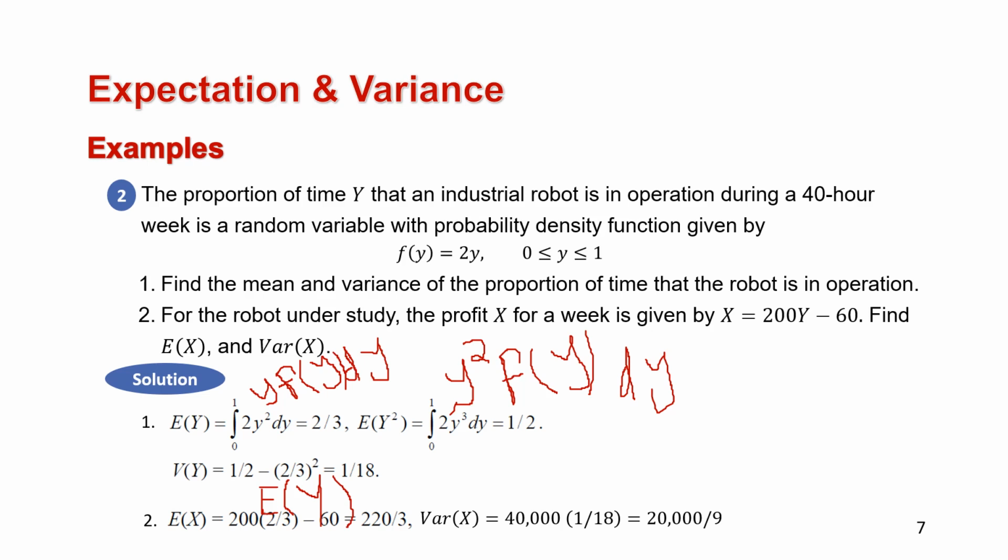After substitution, the expected value of the profit equals 220 over 3.